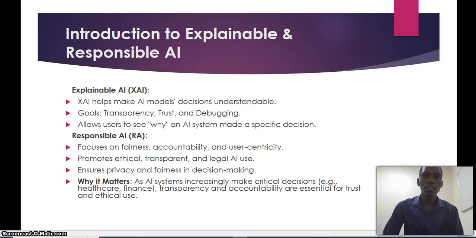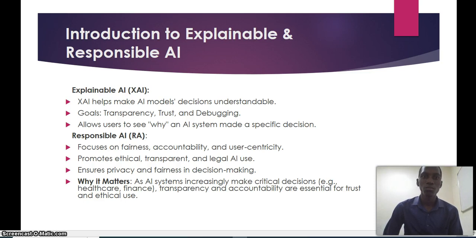Let's start by defining two key concepts: explainable AI and responsible AI. Explainable AI aims to make AI models more understandable and transparent to humans. It's critical because many AI models function like black boxes, which means users often don't understand how decisions are made.